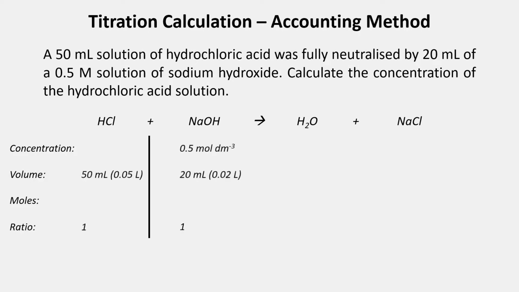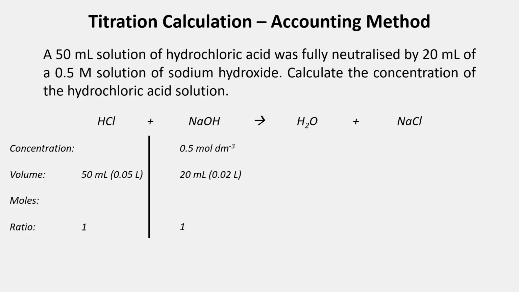So we can see that we know the concentration of the base, the sodium hydroxide solution, that's 0.5. I know it said molar, but it's moles per decimeter cubed. Just get used to this unit transition. And we've got the volumes of both solutions, so we know 50 milliliters of the acid and 20 milliliters of the base. Again, it's very handy if you can get used to converting between them.